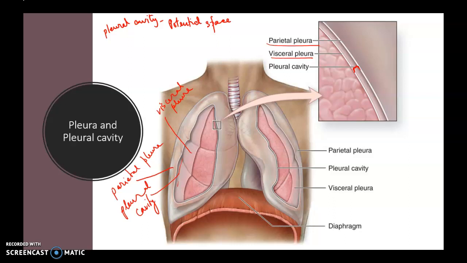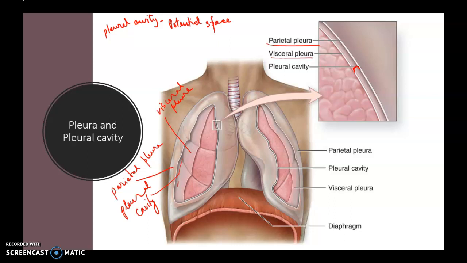The pleura might be damaged, and then atmospheric air can come in, and this pleural cavity can get bigger. Also, blood can accumulate in the pleural cavity, and the potential space can become a big real space. So the pleural cavity is a potential space.